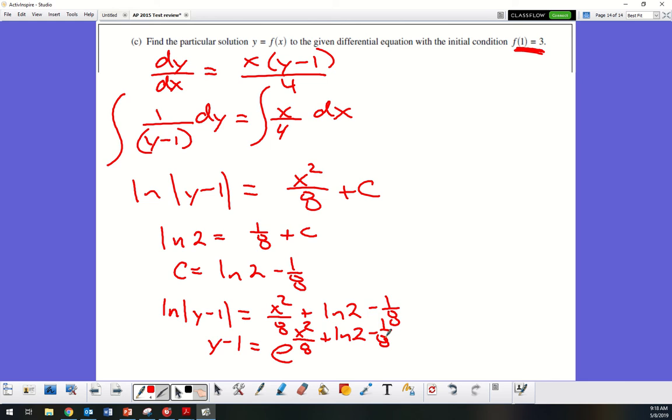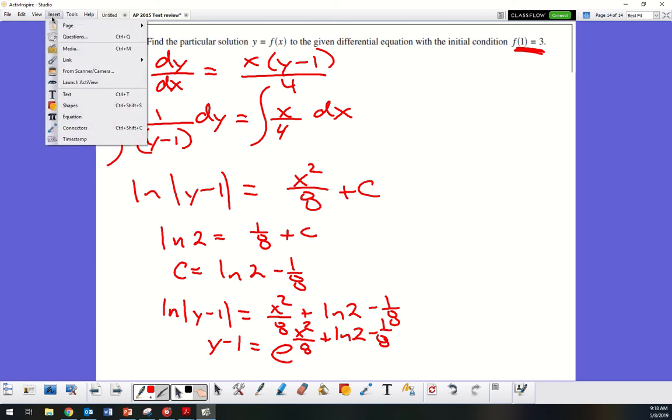So let me insert a page. Okay, so it was y minus 1 equals e to the x squared over 8 plus ln of 2 minus 1 over 8. Now, because these are all my exponents, right? Because I e'd everything on the right-hand side. So what I'm doing is I'm going to separate it.